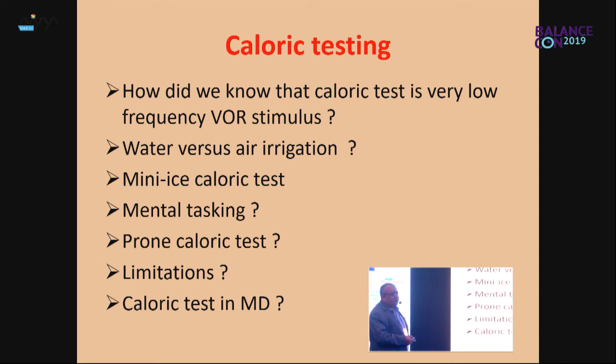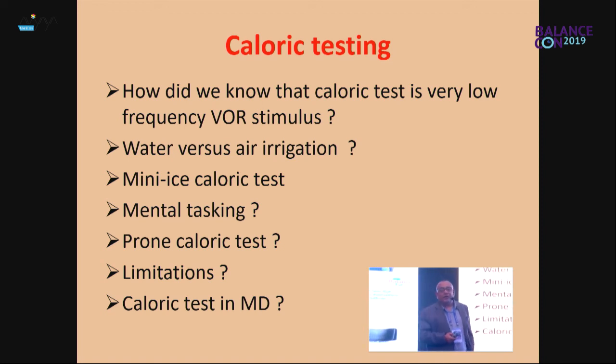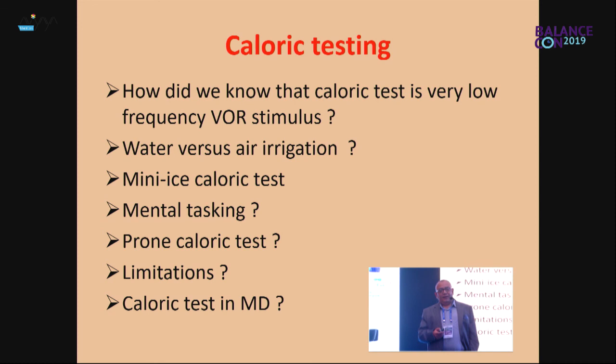Prone caloric test. If you do an ice caloric test and you have a spontaneous nystagmus and you want to know if there is some response from that side or not, and you didn't get a response with the mini ice caloric test, simply bring the patient into the prone position.